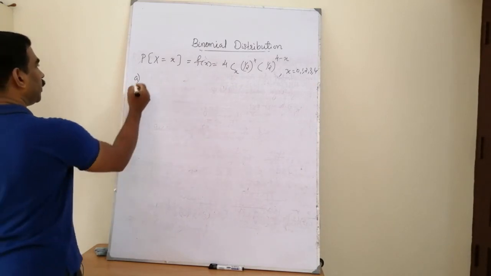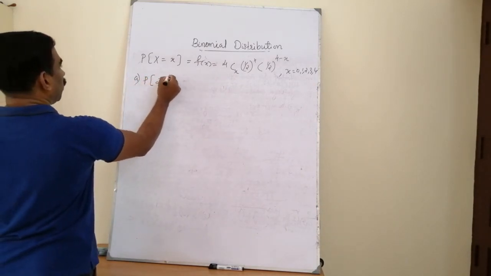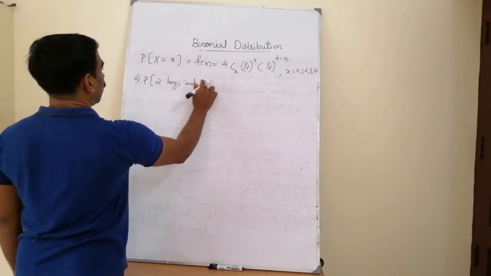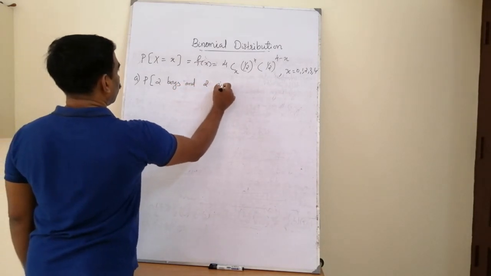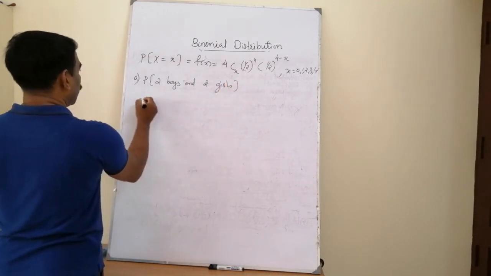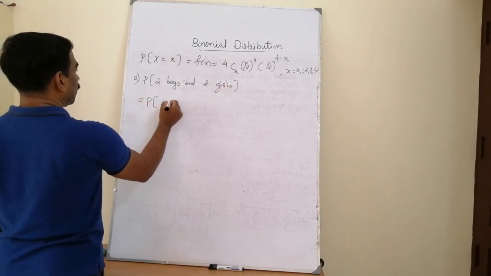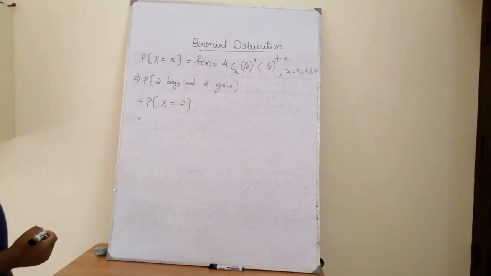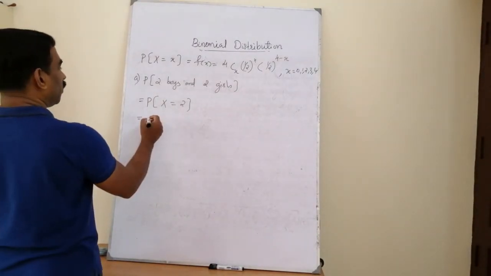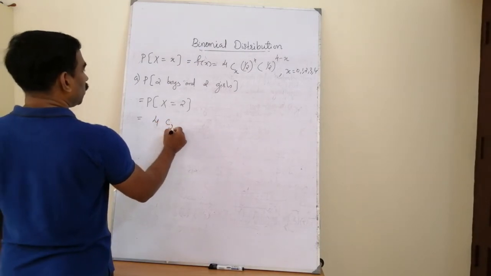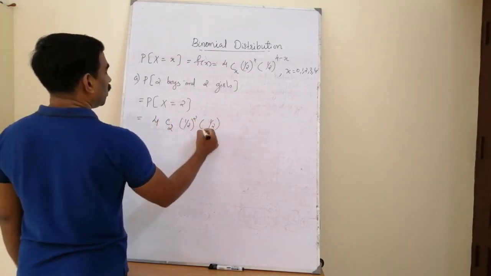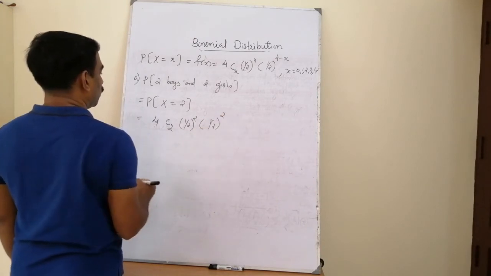Now the first probability evaluation: probability of 2 boys and 2 girls. Converting into the random variable notation, the random variable takes the value 2, and P(X = 2) is f(2), that is 4C2 (1/2)^2 into (1/2)^(4-2), that is again 2.